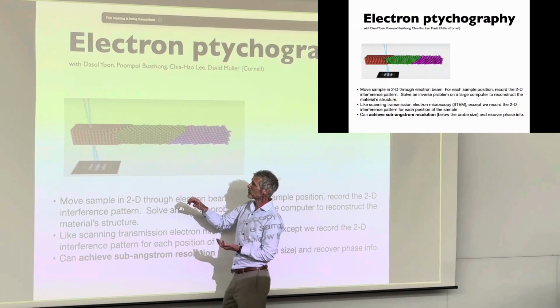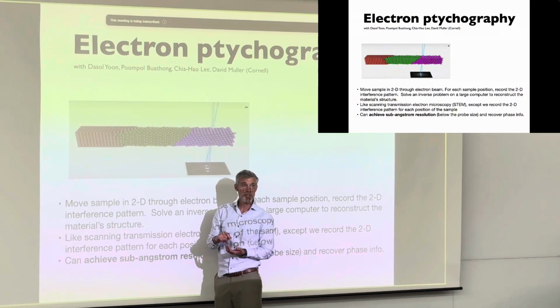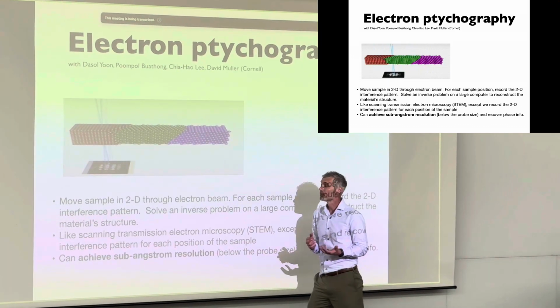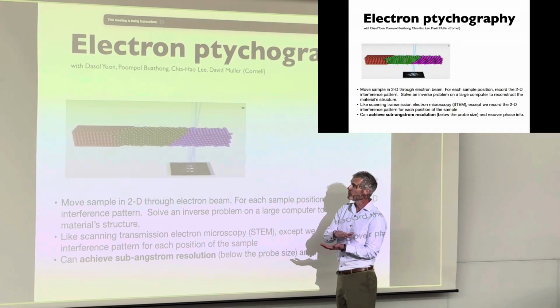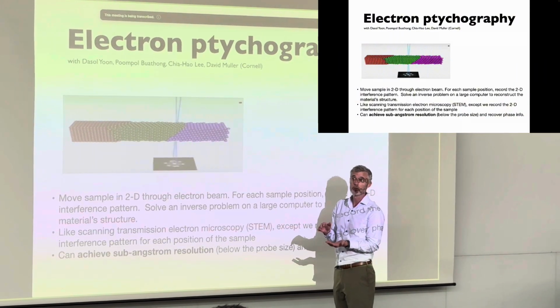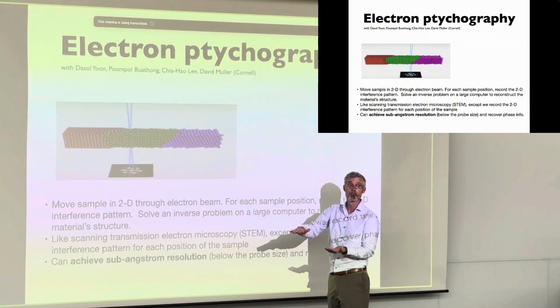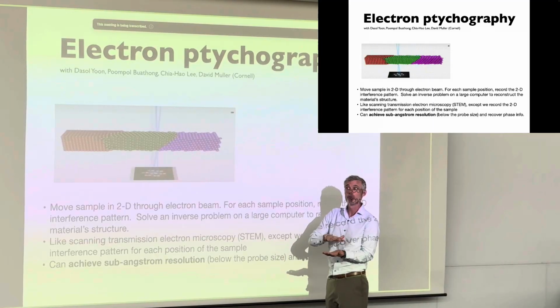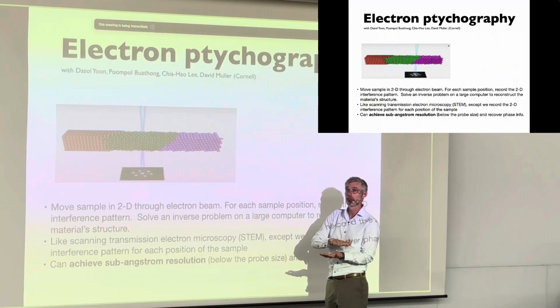The detector is a 2-dimensional detector, and you're seeing diffraction patterns. This makes it look like you're moving the beam of electrons around, but what you actually do is move the sample around, and you see how the diffraction pattern changes as you move the crystal.